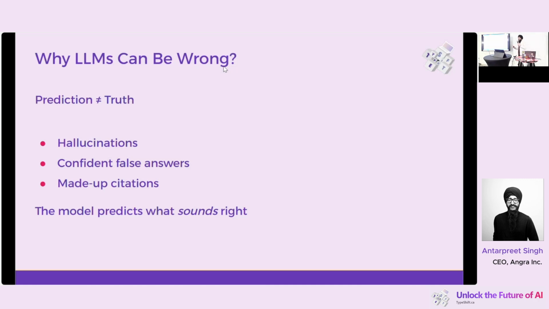Even if it's wrong, it'll say I am right and you are wrong. It'll make up citations as well. Even if a person doesn't exist or their quotation doesn't exist, it'll still quote them and say this person said this, even though that person was never there or that quote was never said. So in the end, the model is just predicting what sounds right, and that sound comes from the data it's trained upon.